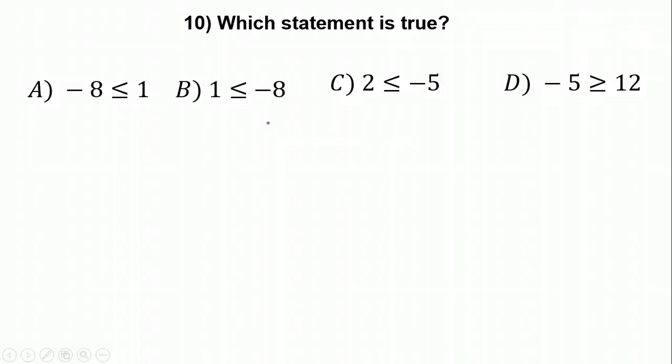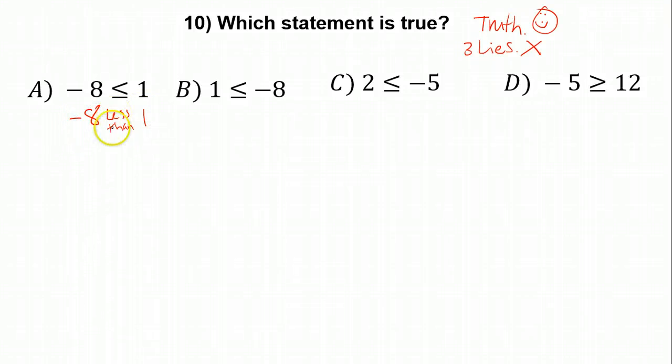All right, so number 10, it says, which statement is true? So what I would do is go through each statement, looking for the truth, because we're all in search of the truth. There's going to be 3 lies that I'm going to have to eliminate. So I'm going to evaluate each statement. It says that negative 8 is less than 1.